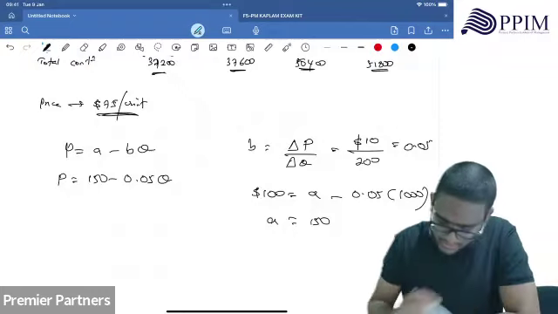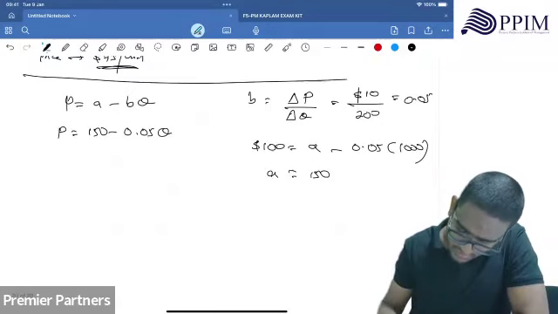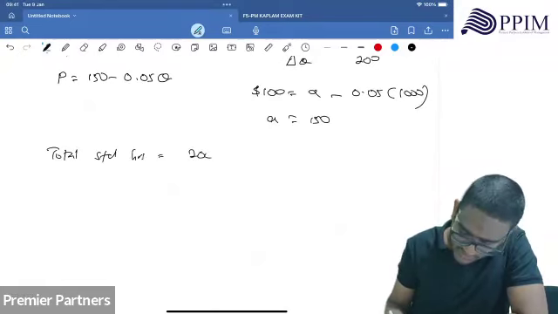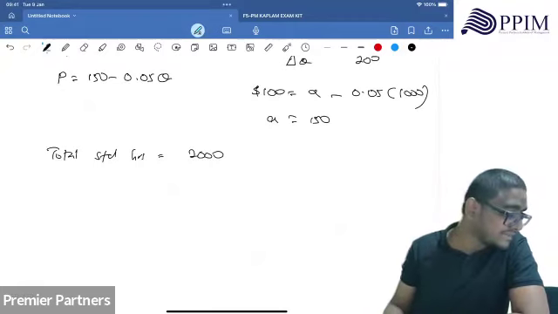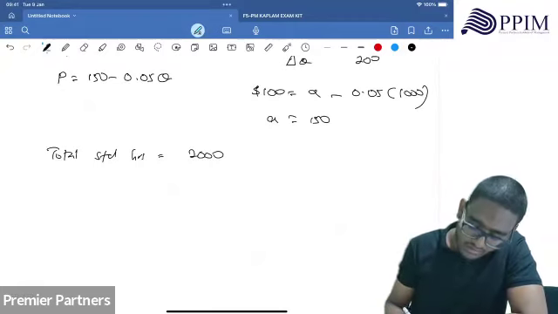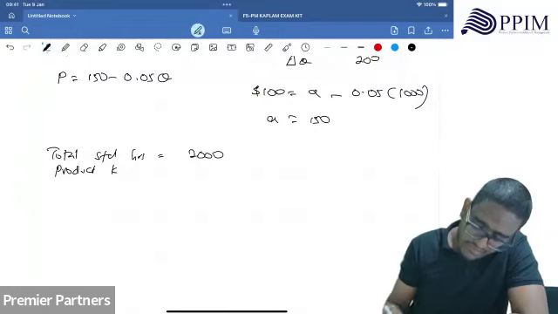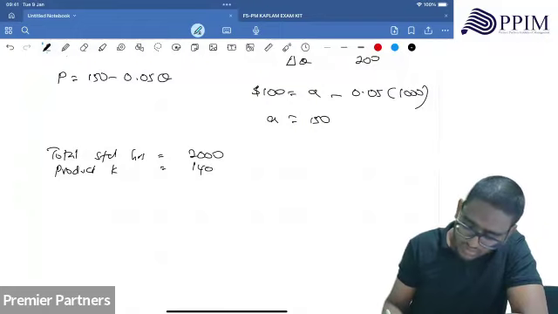Okay. So here there's a small catch. The total standard hours available is 2000, depending on part A. So what is the other product? Product L, product K. Product K will utilize 1400 hours.